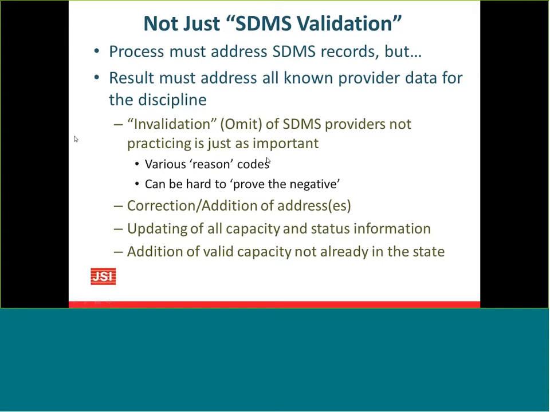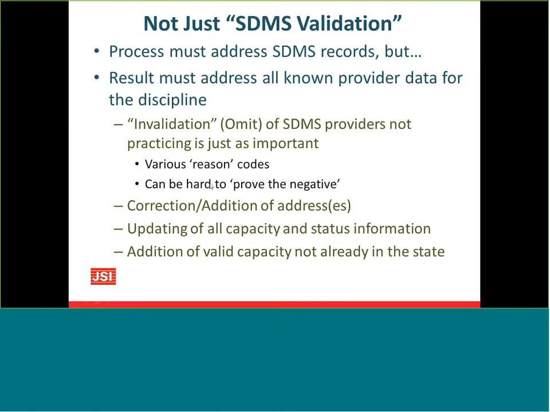But if the records that are left untouched are still in the system, you can end up with a lot of extra capacity that doesn't really belong in your state. I'll just call out Massachusetts, where we started out with over 15,000 FTE when the final FTE was around 6,000 or a little above. So obviously if we'd left that, it would have caused some major problems across the state.